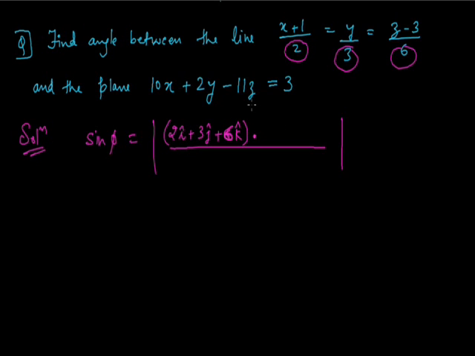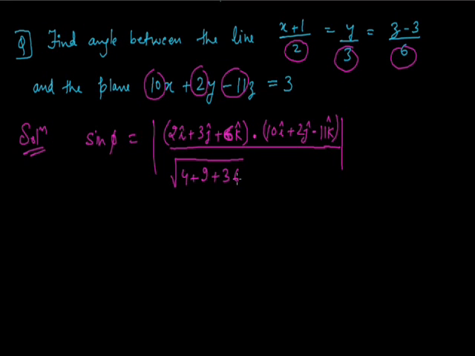We'll take the dot product of this vector with the normal vector, and the normal vector can be obtained from the coefficients of x, y, z in the plane, and that will be 10i cap plus 2j cap minus 11k cap. And in the denominator you will write under root of 2 square 4, 3 square 9, 6 square 36, into under root of 10 square 100, 2 square 4 plus 11 square 121.